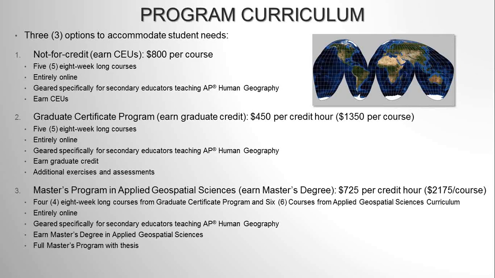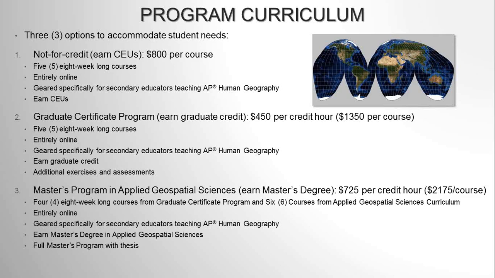There are additional exercises, assessments, and additional learning outcomes as part of the Graduate Certificate Program. Finally, there is an option for students to continue past the Graduate Certificate Program and proceed directly into our Master's Program in Applied Geospatial Sciences. Students who opt for this would earn a master's degree at $725 per credit hour. There are 4 eight-week-long courses from the Graduate Certificate Program, of which I just spoke, and 6 courses from our Applied Geospatial Sciences graduate program.